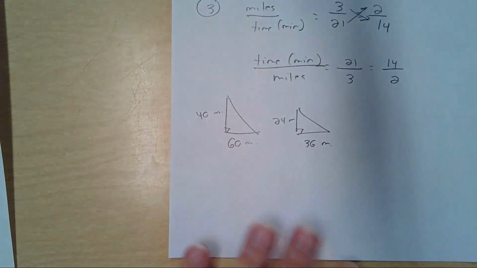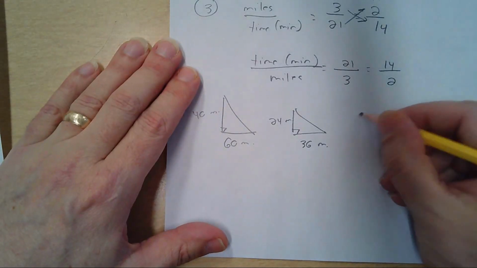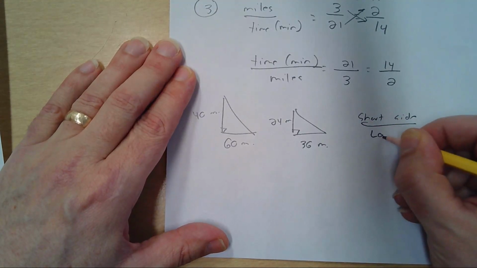And we're going to get into the concepts of similarity and congruency here. But what are we comparing here? The length to the height, or we're comparing 2 sides against each other. I'm just going to call them long side and short side. Is that fair? You can call it whatever you want. But I'll put the short side on top, long side on the bottom.